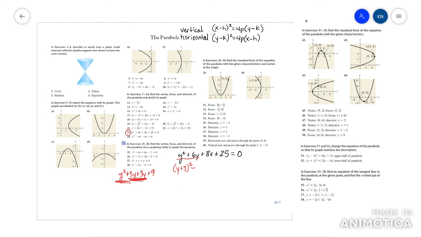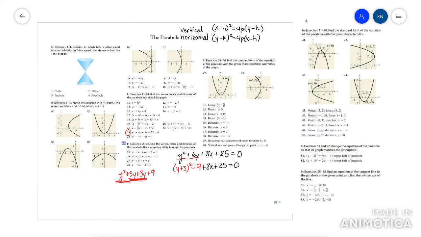So on the outside here, you have to subtract that 9 to counteract it. This right here is the exact same thing as this right here. You just have to imagine if you FOILed it out, it would be the same thing. And so then you'd still have your plus 8x plus 25. And by the way, you should have a decent idea of how to complete the square from Algebra 2 anyways.